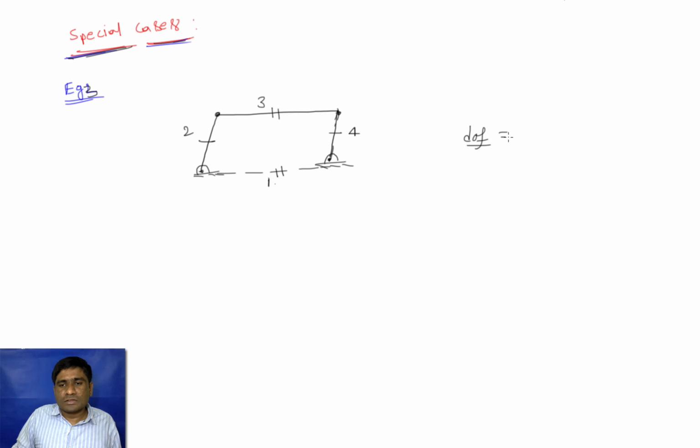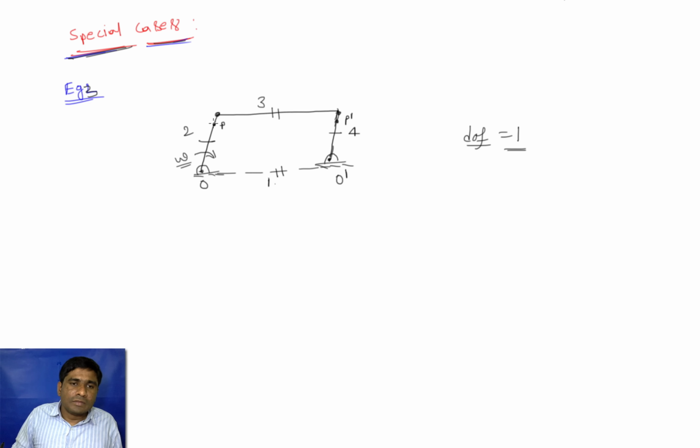what is the degree of freedom for a simple 4-bar mechanism? That is equal to 1. And if I take any point on this one, for example, a point P at a distance L from the O, and if I consider the same length on the link 4 as a point P dash, when I rotate this link in the clockwise direction, the velocity with which the point P moves is exactly equal to the velocity of this point P dash.